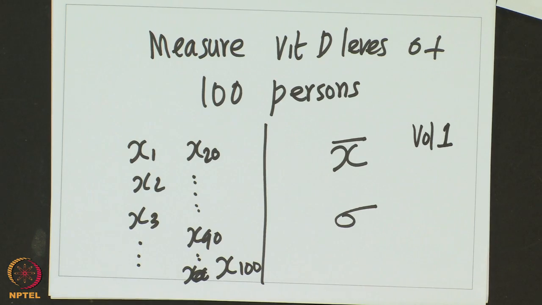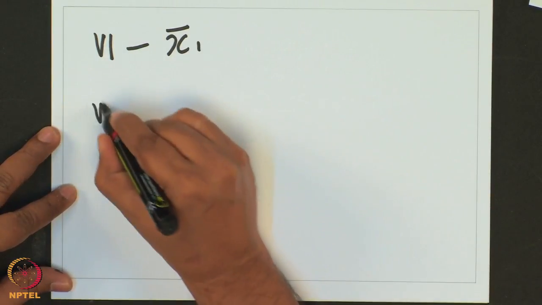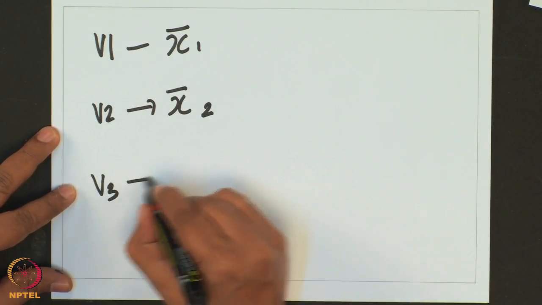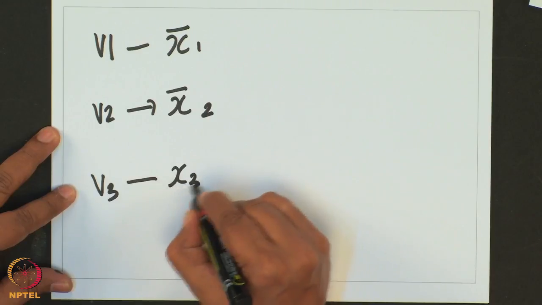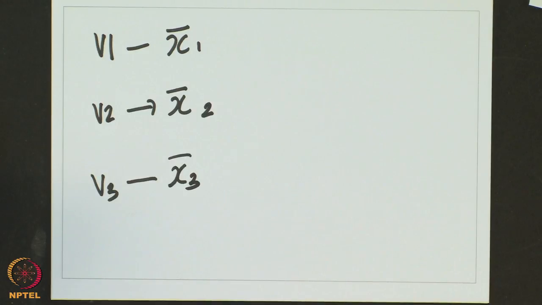Similarly, there are 1,000 volunteers going around in different parts of the country. Each volunteer reports the mean value of the vitamin D level of 100 people. If all the volunteers come together, volunteer 1 would have x bar 1, volunteer 2 would have a different average, and volunteer 3 will have another mean value, because volunteer 3 met a different set of people.